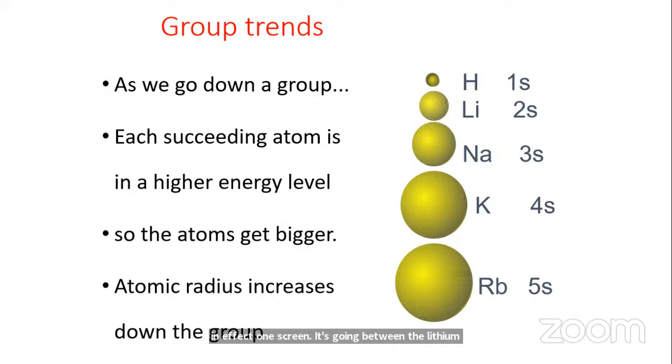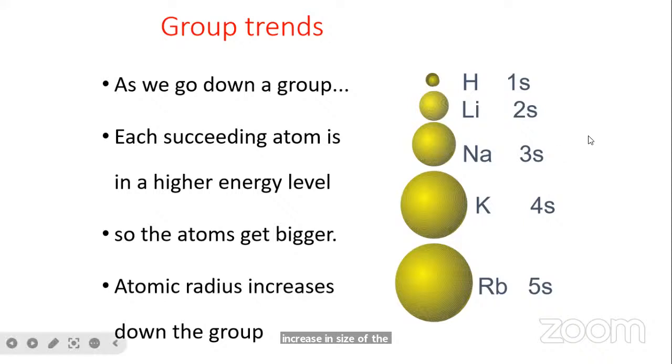By the time we get to sodium, we have two screens. The 1s orbital is a screen, the 2s orbital is a screen, and then the valence electron is in the 3s orbital. By the time we get to rubidium, which is 5s, we have 4 screens: screen 1, screen 2, screen 3, and screen 4. Remember, the screening effect, like the position of the valence electron, also serves to increase the size of the atom. So as you go down the group, there is an increase in size of the atom. The atomic radius increases.